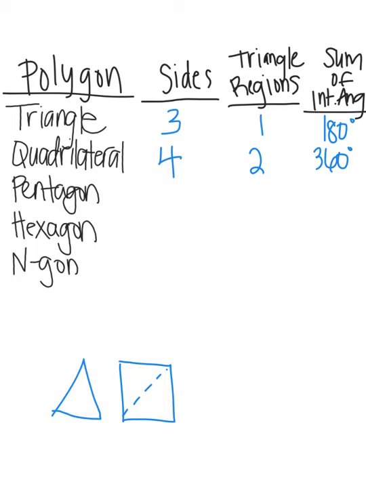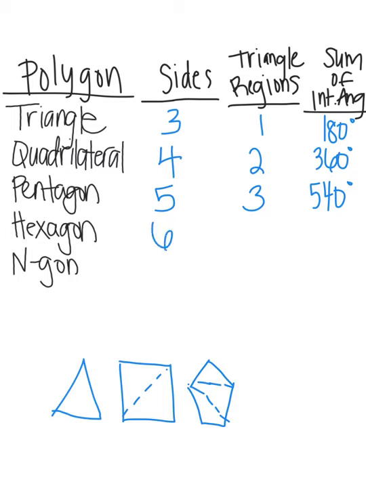Now a pentagon has 5 sides, and I could break a pentagon into 3 different triangular regions, and so 3 times 180 would be 540 degrees.